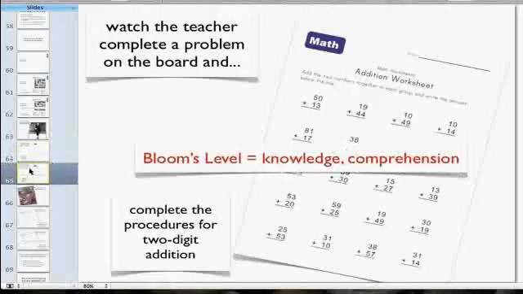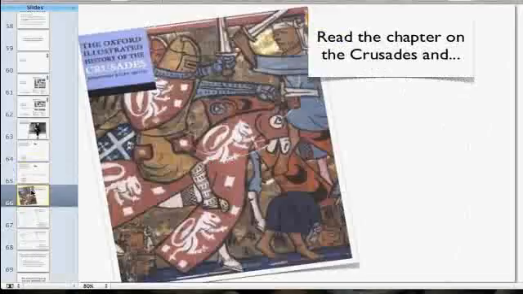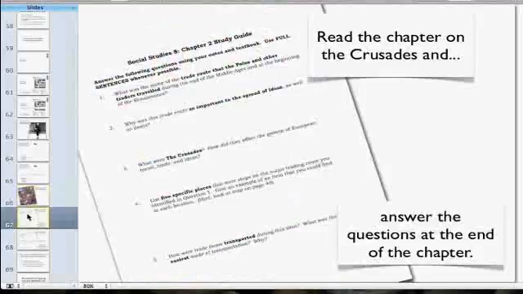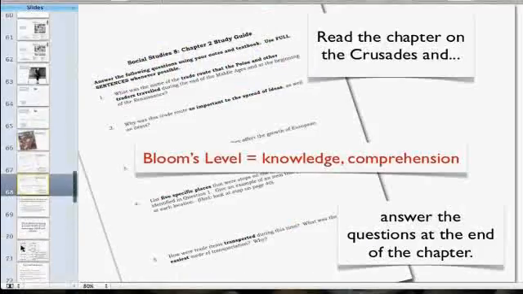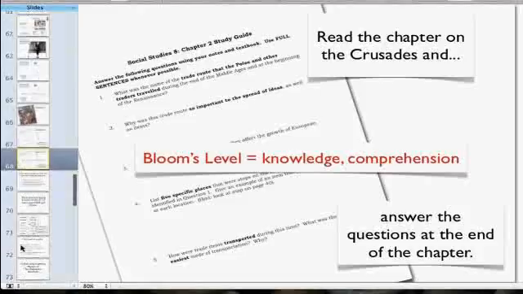Again, this does not necessarily match what is going to be expected, not only of the next generation assessments, but in life, right? And then finally, at times in social science classrooms in middle school, I may see, read the chapter on the Crusades and answer the questions at the end of the chapter. And once again, depending on the questions, generally the Bloom's level is not incredibly high.